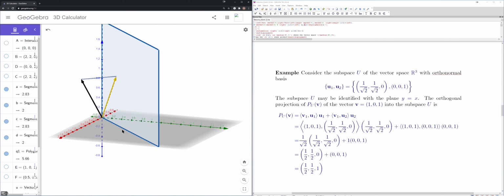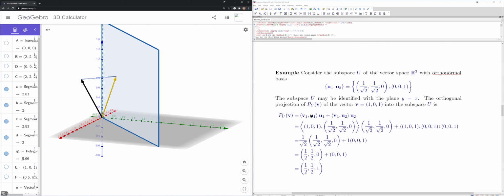You don't need to sketch this diagram to actually see this. They're just giving you the information that I have a subspace U with a certain orthonormal basis, and what I want to get is the projection of a vector into this subspace. I can work out everything from the information given to me. I don't really need this diagram, but the diagram is so that you can get a picture of what's going on.